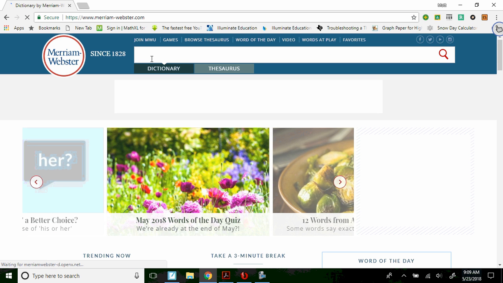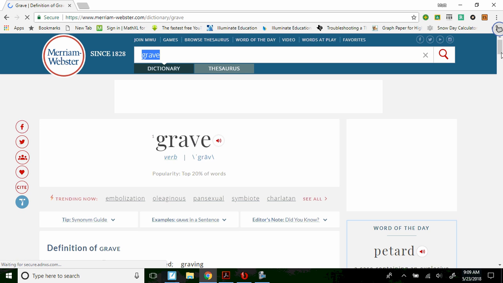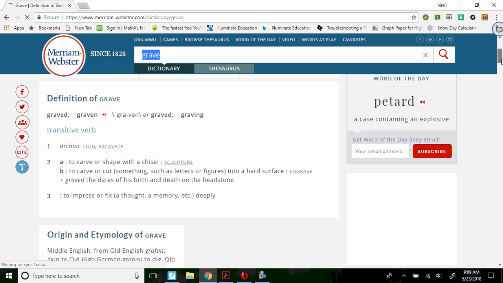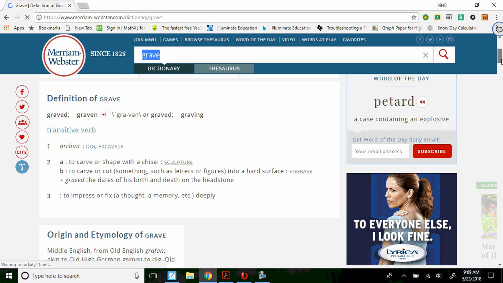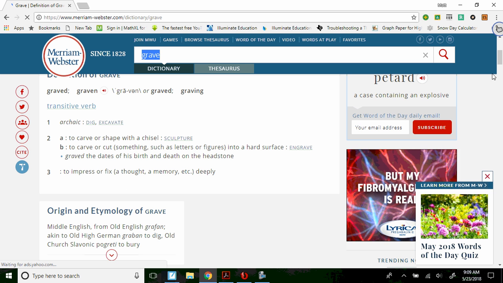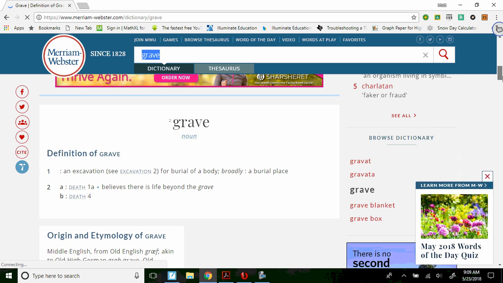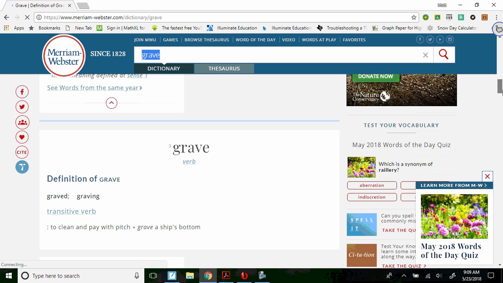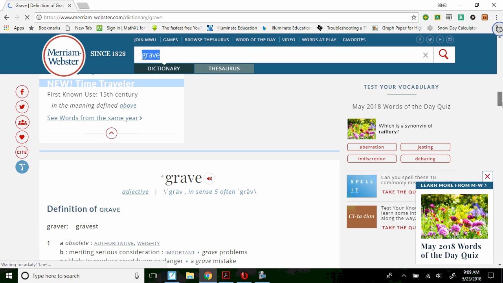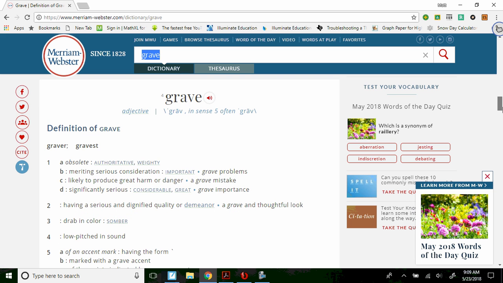So the word grave, in the context that I used it, I'm not talking about this carved or shaped with a chisel. And I'm not talking about excavating either. And I'm not talking about cleaning and painting with pitch. I'm using it in this context.